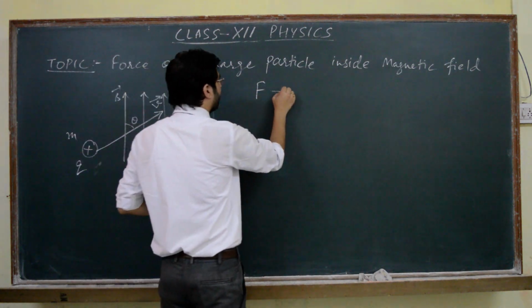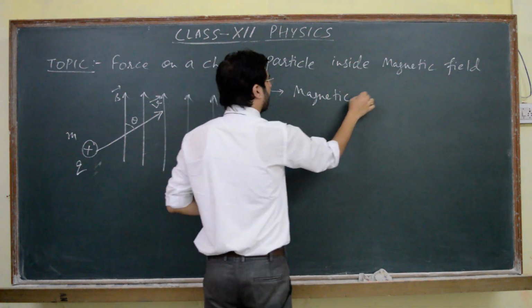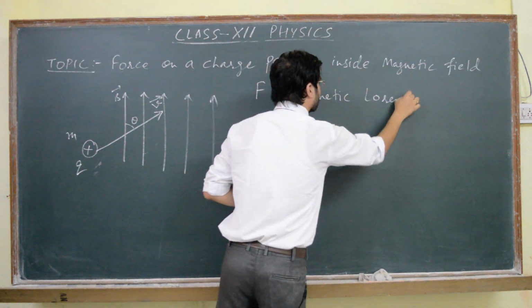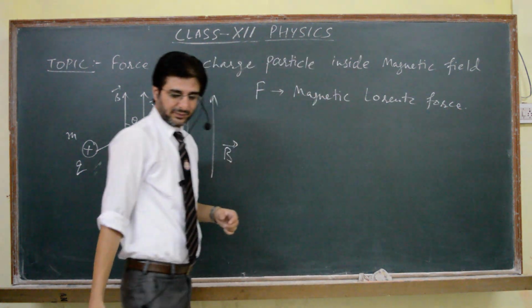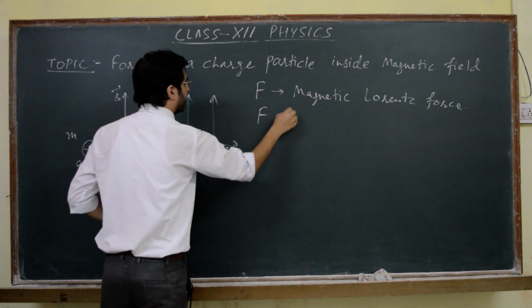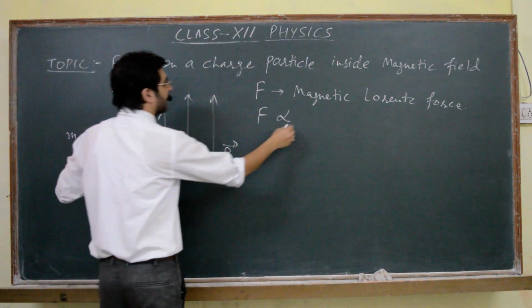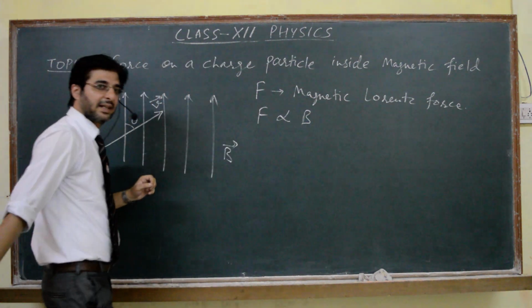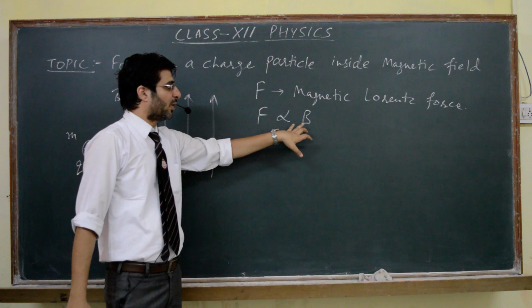First of all, the name of the force is magnetic Lorentz force, and this force depends on what factors? This magnetic Lorentz force is directly proportional to the magnetic field.